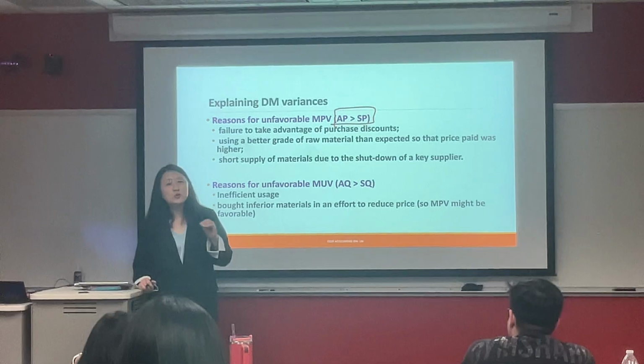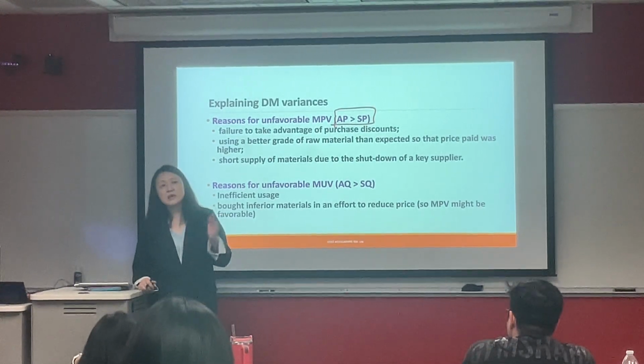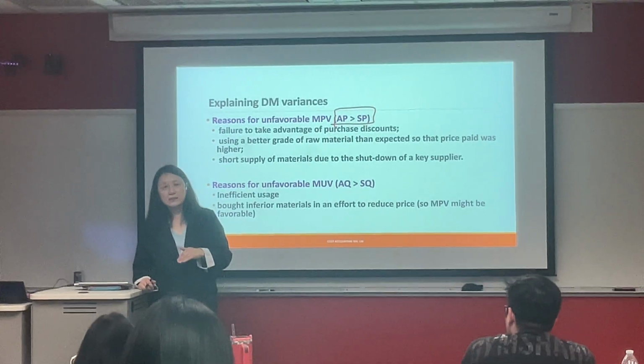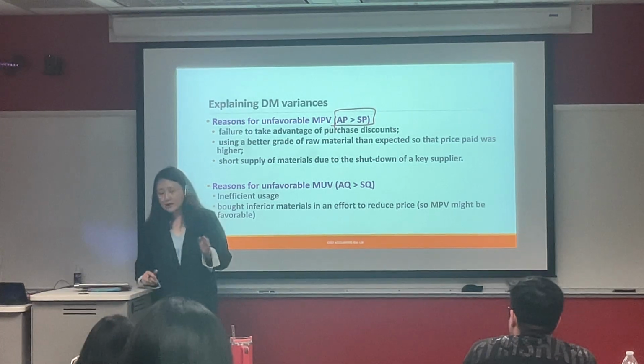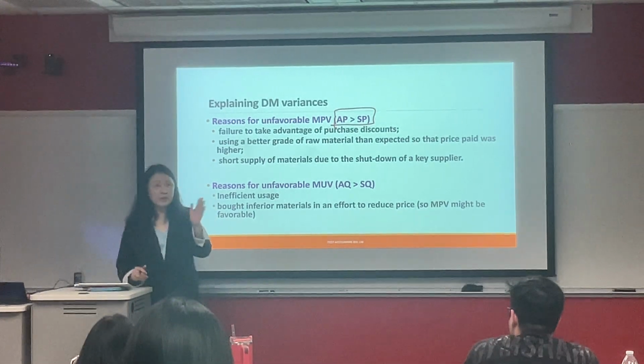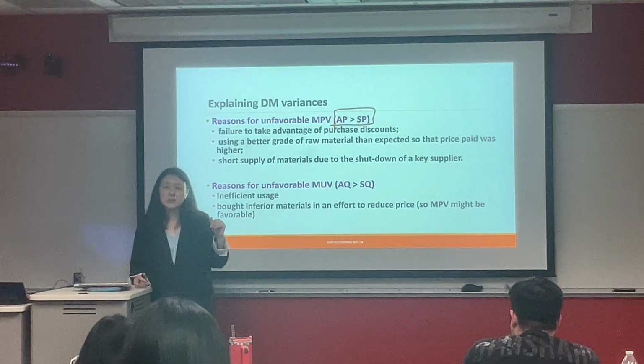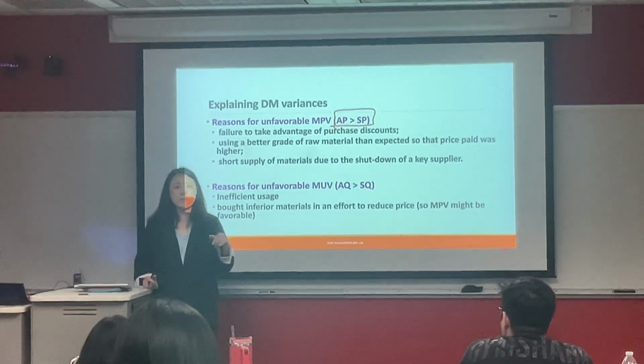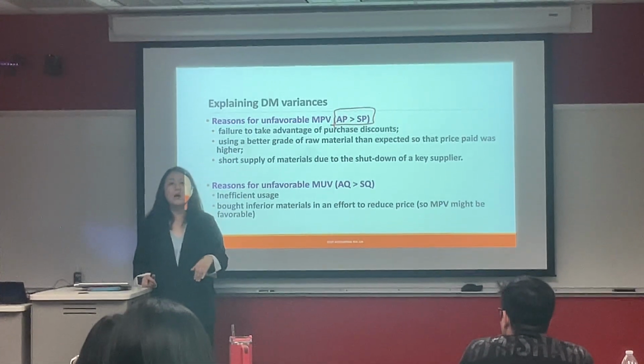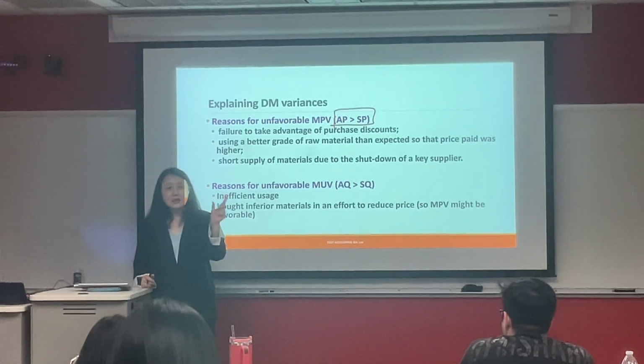It has nothing to do with whether the variance is favorable or unfavorable. Does that make sense? You have to be clear: when we interpret the variance and say it is positive or negative, favorable or unfavorable, it's all driven by the difference.